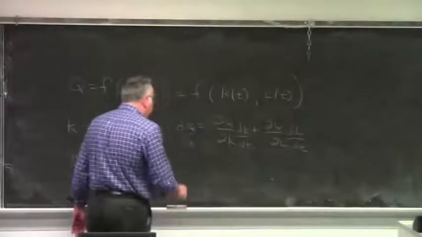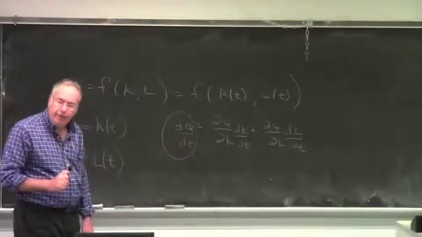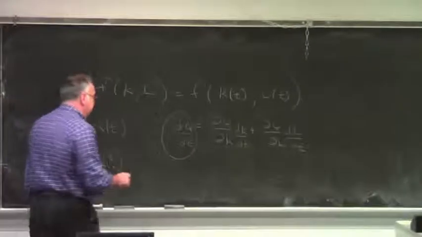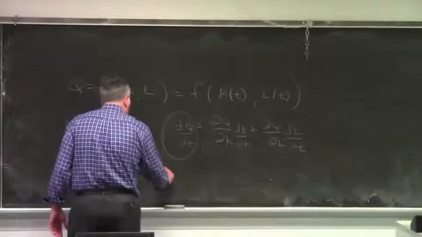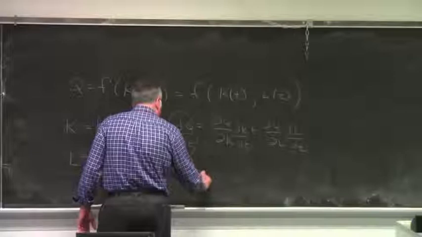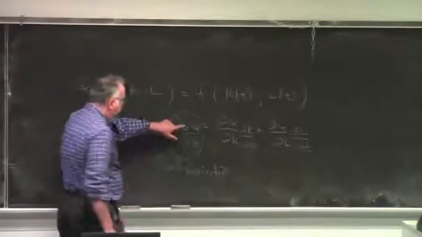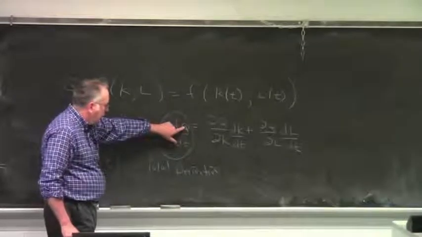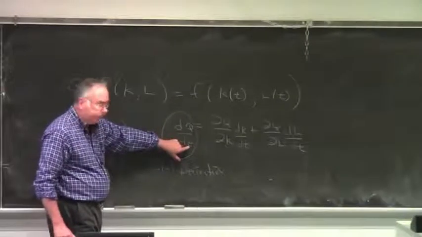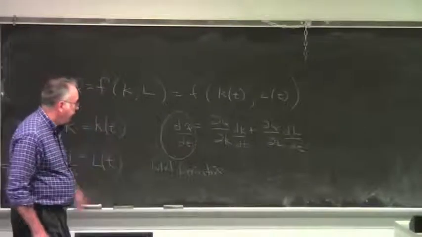And now this thing right here is the total derivative of output with respect to time. I'll just say total derivative. It's obvious it's a total derivative of Q with respect to t, because dQ is in the numerator, dt is down here. That's the total derivative.